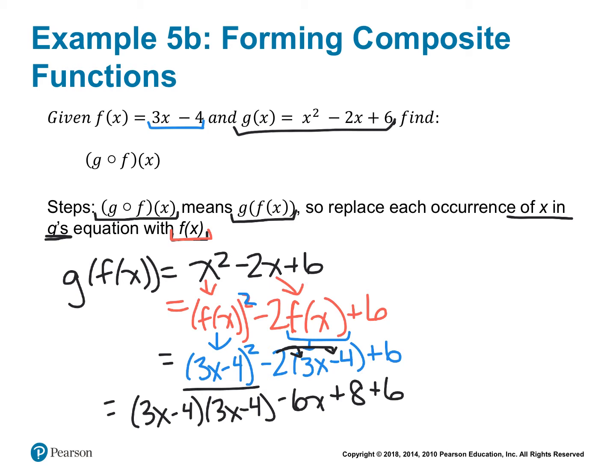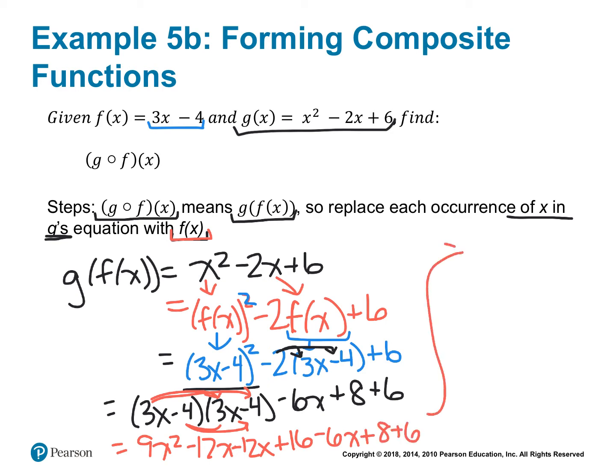So now let's keep going with FOIL. This would be 9x squared minus 12x minus another 12x plus 16. Bring everything else down. I'm running out of room, so let's simplify it up here. I only have one x squared term. I have negative 12x minus 12x minus 6x, so that's minus 30x.